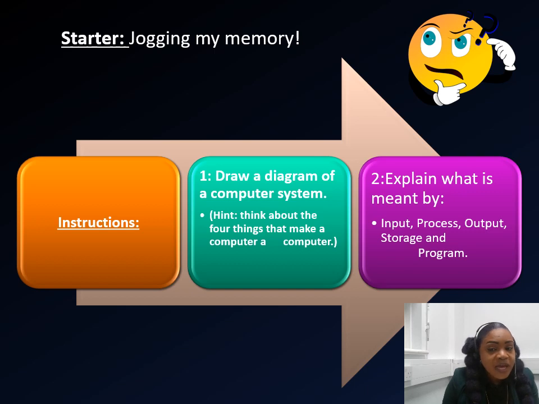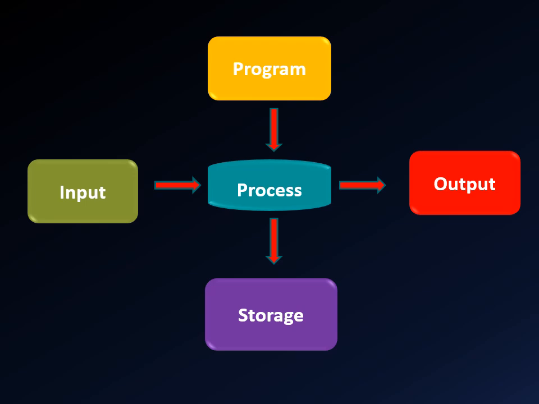Explain what is meant by input, process, output, storage, and program. So, well done. I hope you did well. This is a basic diagram of the processes of a computer. So, let's move on.